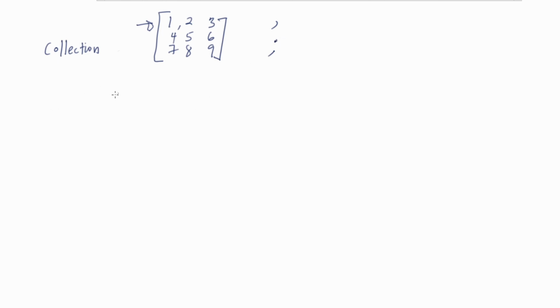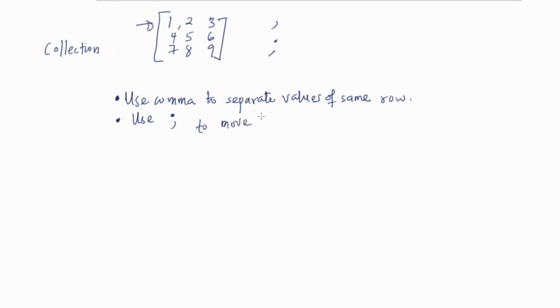So let me just write something over here. Use comma to separate values of the same row. And another thing is, you should use semicolon to move to the next row.